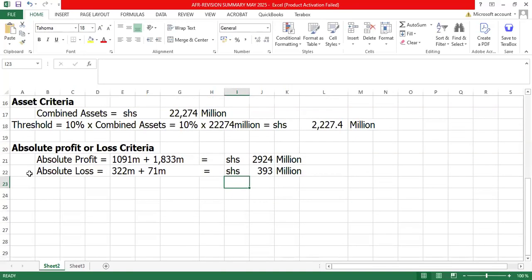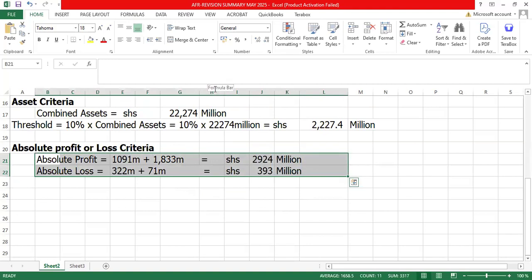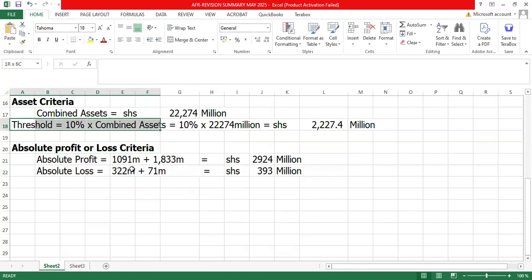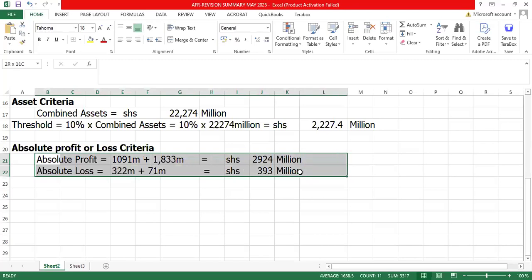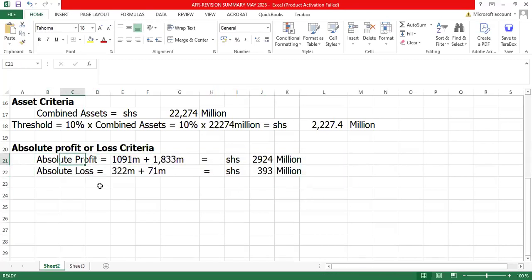So from this, choose the greater. As before you determine the threshold, choose the greater from these two. Which one is greater?